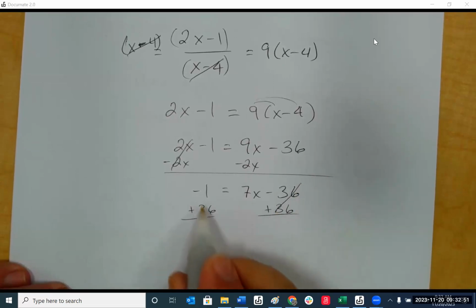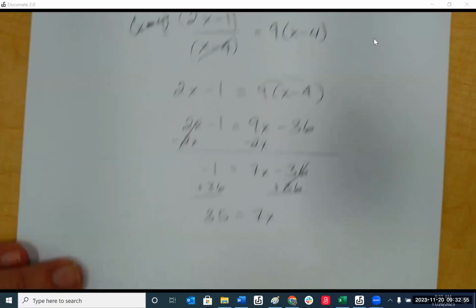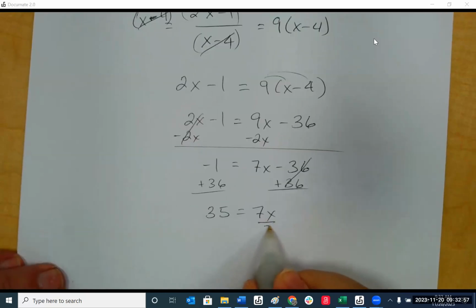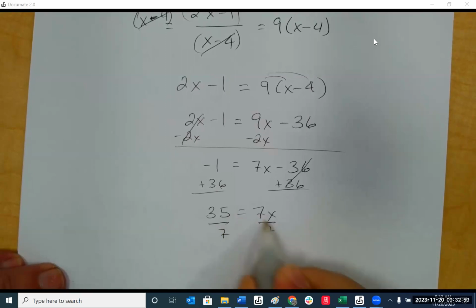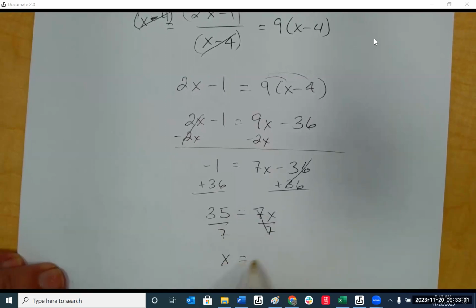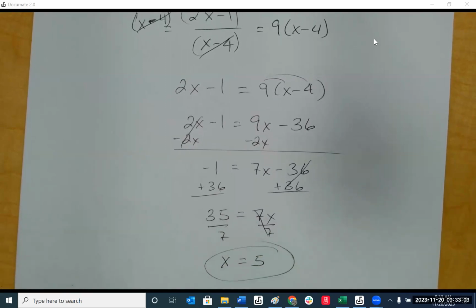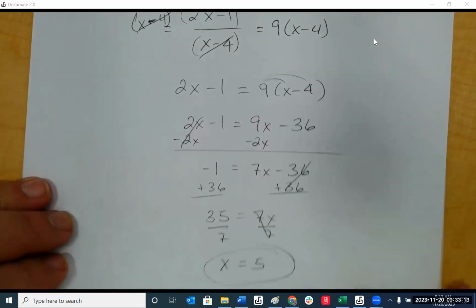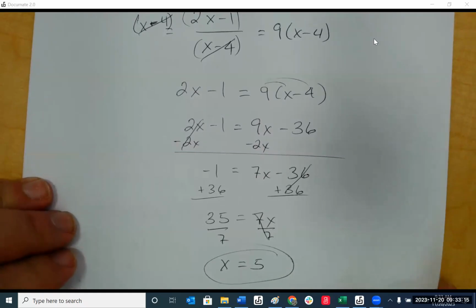Add 36. So 36 minus 1 is 35 equals 7x. Divide by 7. X equals 5. Any questions about that one?